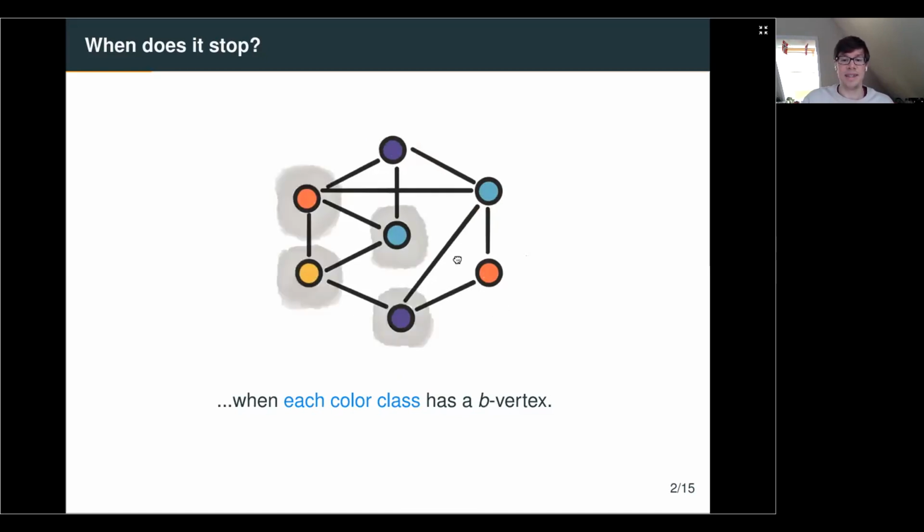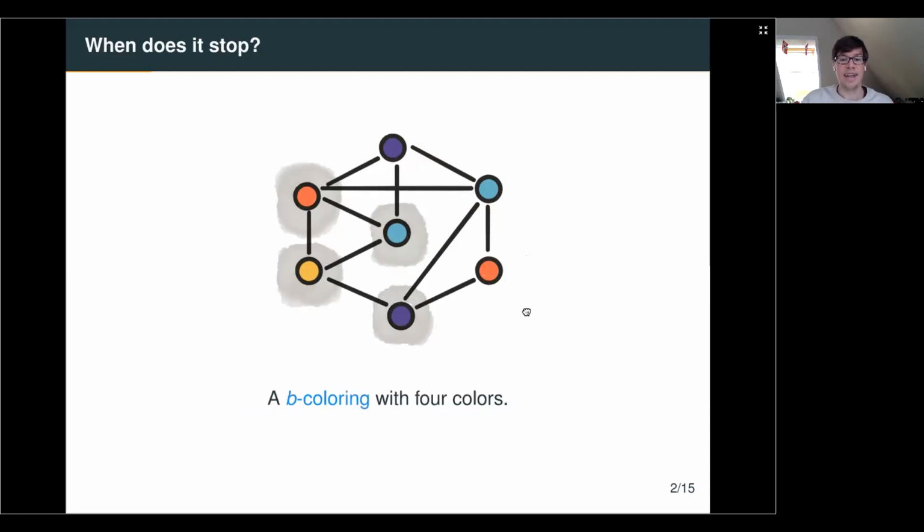And we see that in this example, indeed, each color class has a B vertex, the ones that are marked now. And in this case, when every color class has a B vertex, we say that this coloring is a B coloring of the graph. And here we have a B coloring with 4 colors of the example graph.